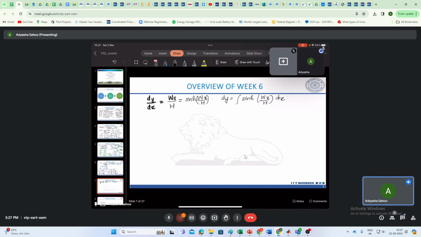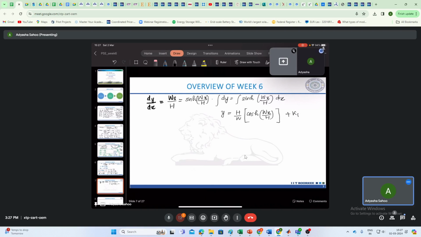So again integrating here, I'll get y as h by w, this will come as cos hyperbolic wx by h plus k1.